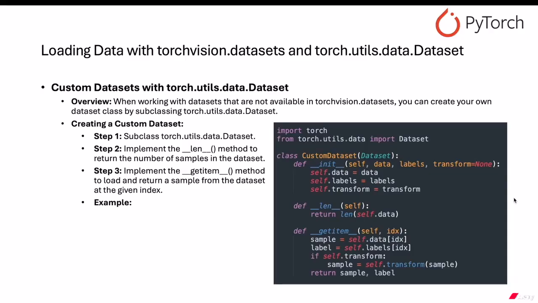Then another function, __len__, passing self to it, and I'm returning the length of self.data. Then I'm creating __getitem__, which is the third step, where I'm passing self and idx, and I'm creating a variable sample equal to self.data[idx] and label equal to self.labels[idx]. If self.transform, I have sample equal to self.transform(sample), and then finally returning the sample and label.